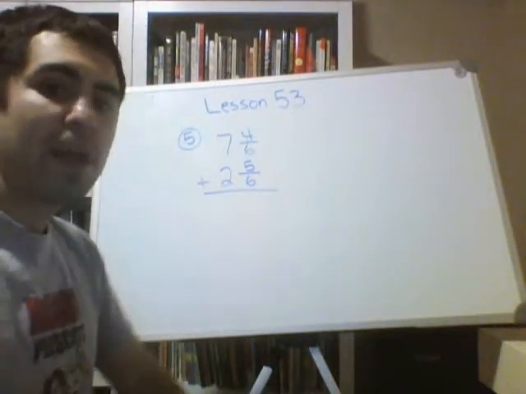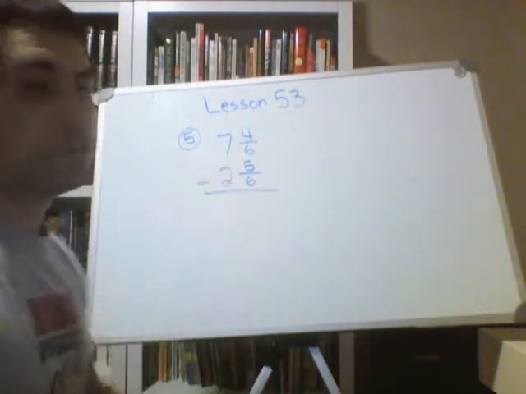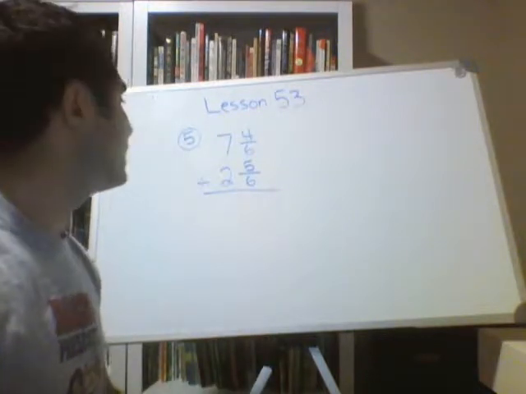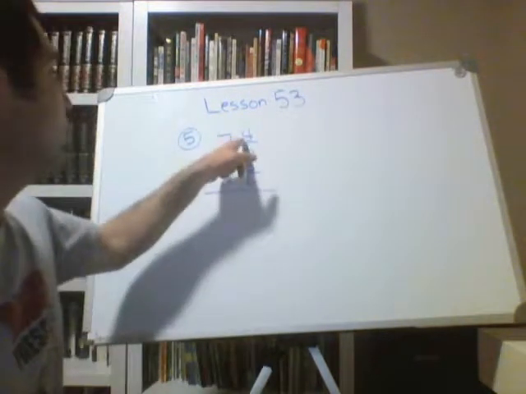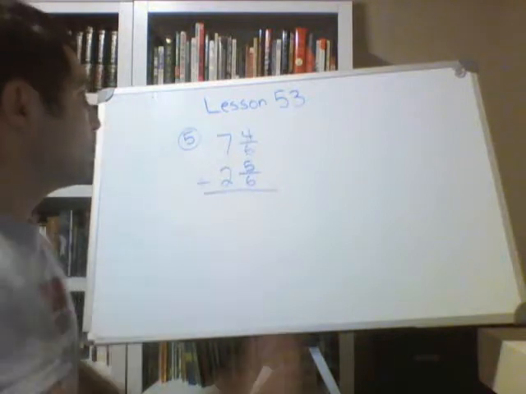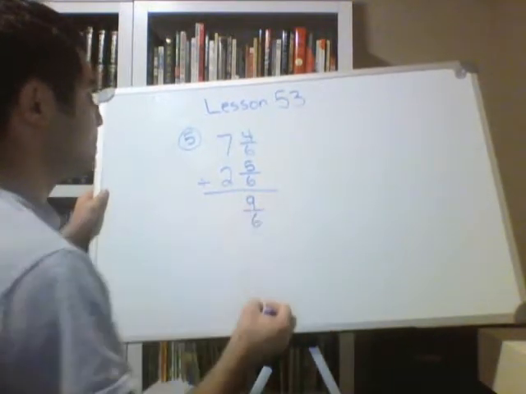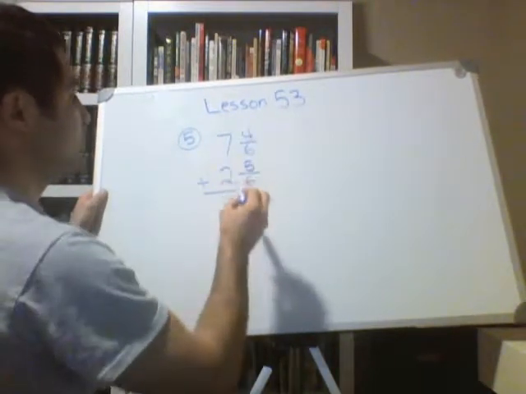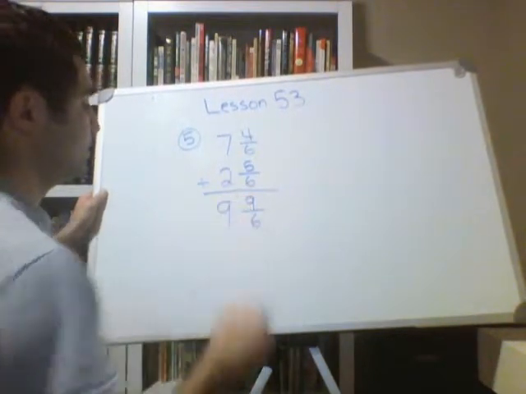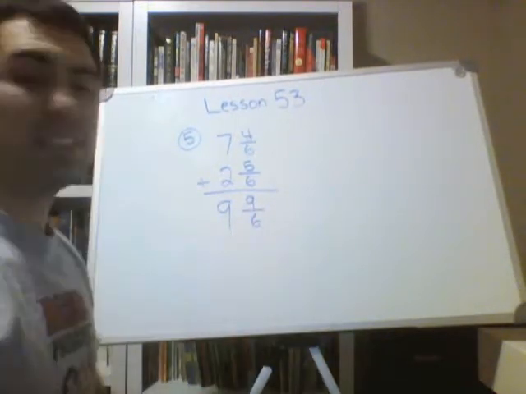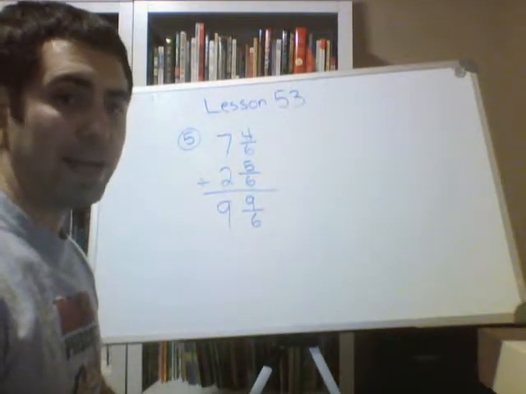Sometimes you'll have to add fractions that have whole numbers. When you have a fraction and a whole number mixed together, that is known as a mixed number. So you add the fractions first. 4 plus 5 is 9. This is going to be 9/6. And then if you have 7 plus 2, that's also going to be 9. So this is 9 and 9/6. We already know that 9/6 is 1.5.